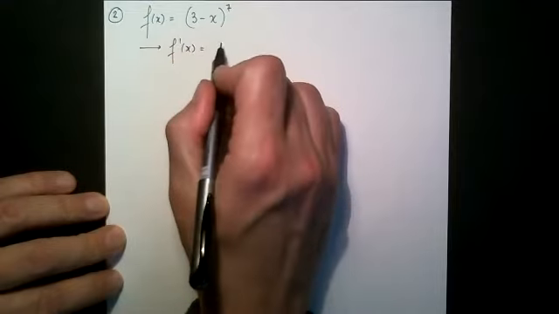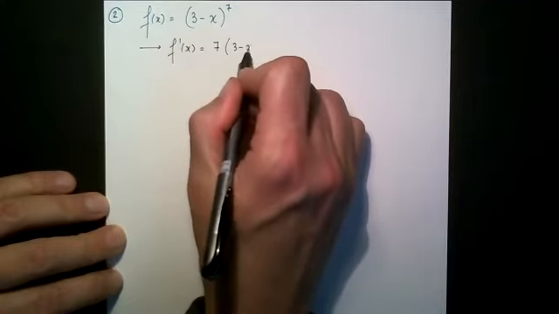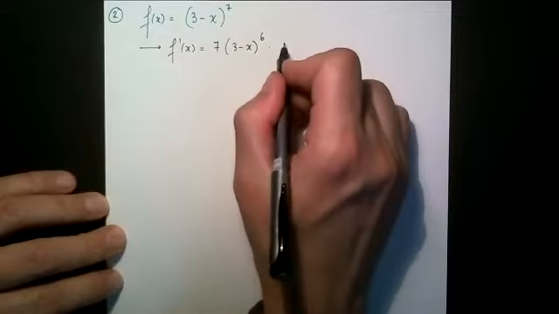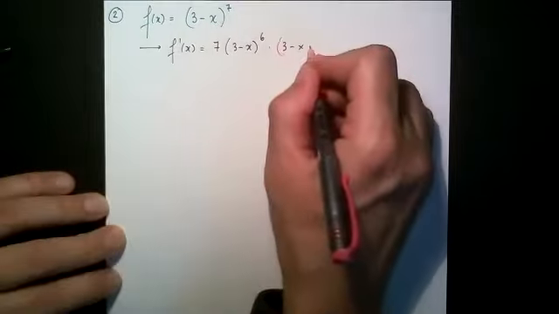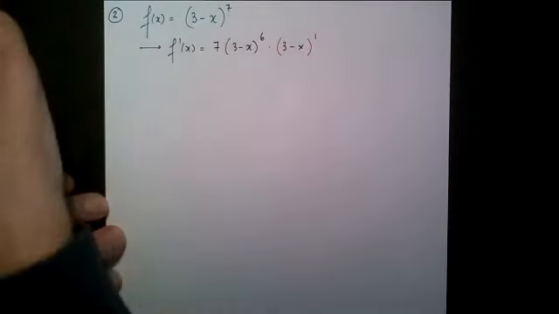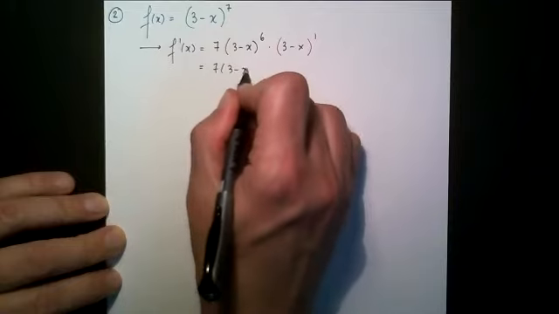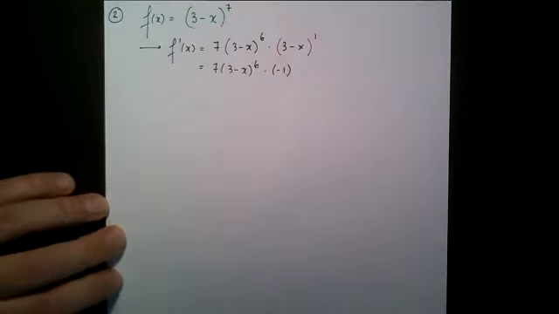So what's it going to be? 7 times 3 minus x to the power 6 times the derivative of the inside, which is 3 minus x prime, which is 7 times 3 minus x to the power 6 times minus 1.